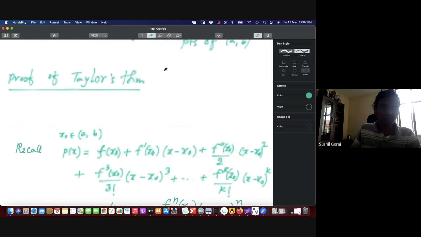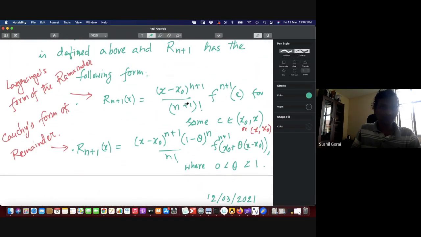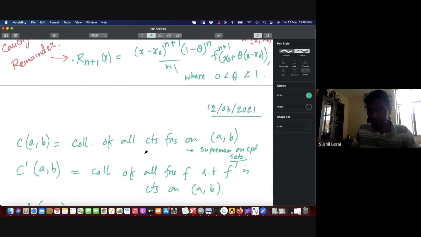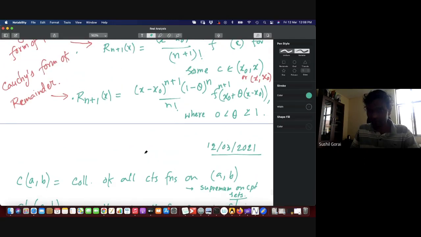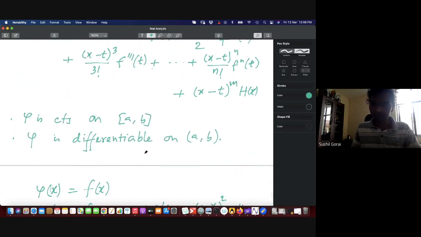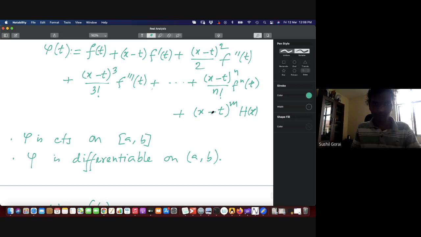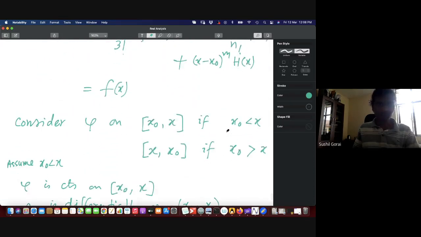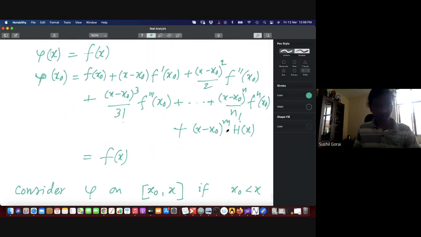So let's look at, right? This one we got already. Now we need to get this one, right? So maybe we need to do some computation here. We have m equal to 1, which is (x minus x naught) times h(x), right?